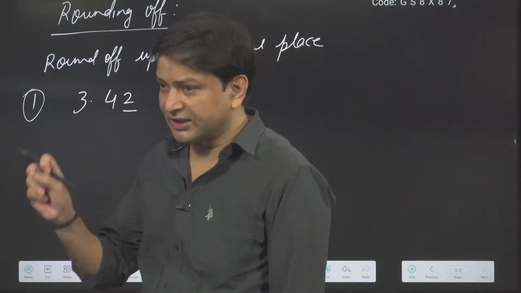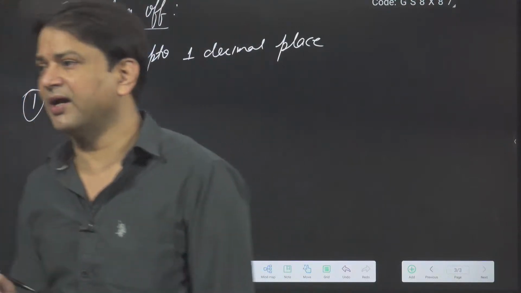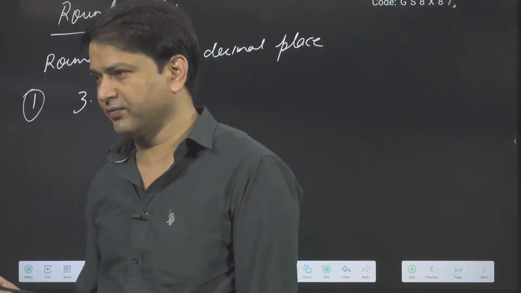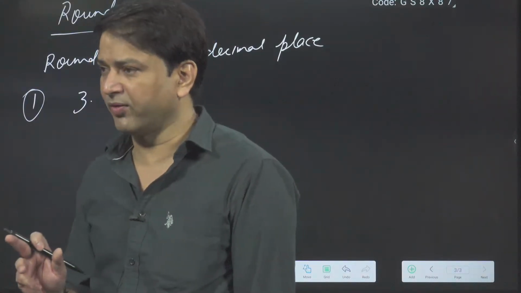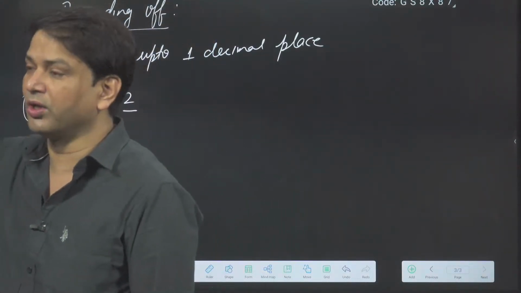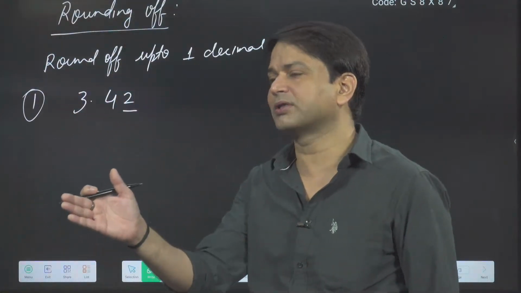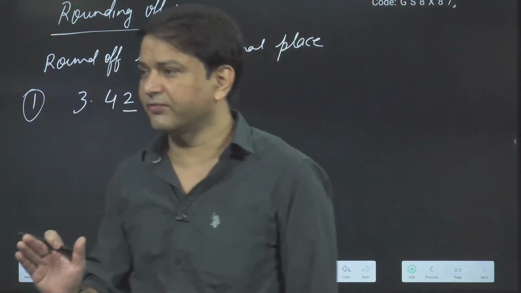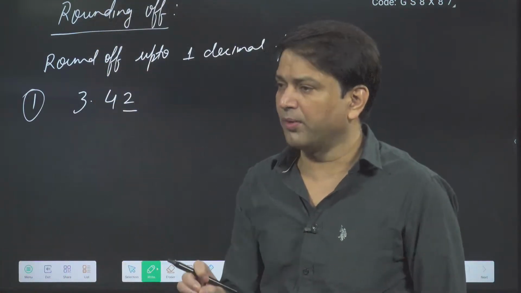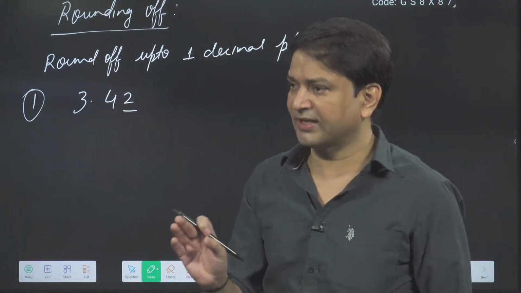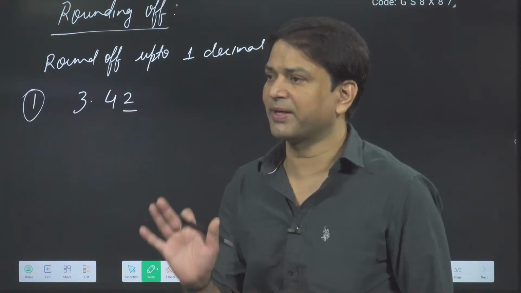The digit which you have to drop, there is a rule: if it is more than 5, then the preceding digit will increase by 1. Maybe you will now recall what you learned. If the digit which you have to drop is less than 5, then the preceding digit will remain unchanged, or remain the same.